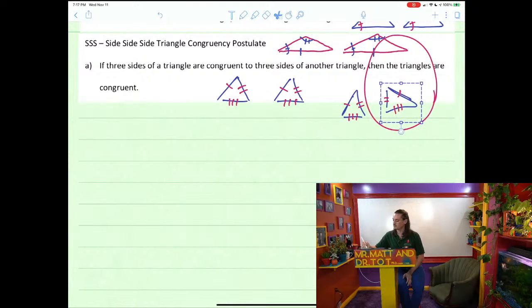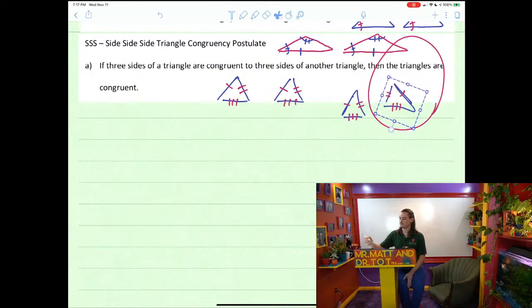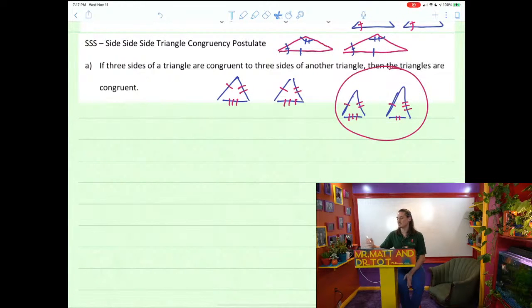No, I'm sorry, my first description was correct. My apologies. So this is not because we can't rotate it to get the same sequence around. If we could rotate it, then they would match up and they would be fine. But if we can't rotate them to get the same sequence, then that does not prove side, side, side. I'm sorry, I hope that wasn't confusing. My apologies.